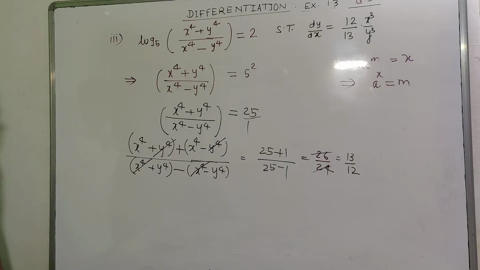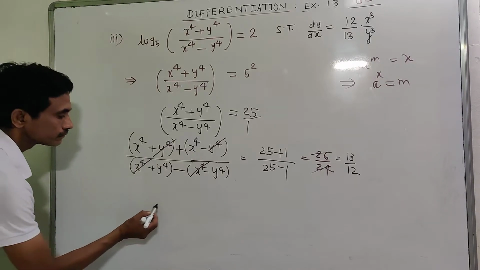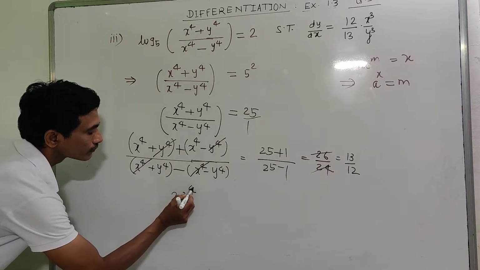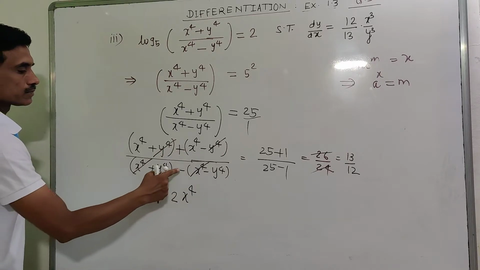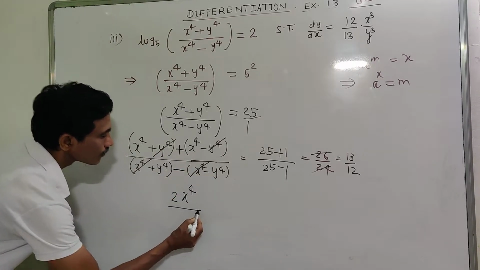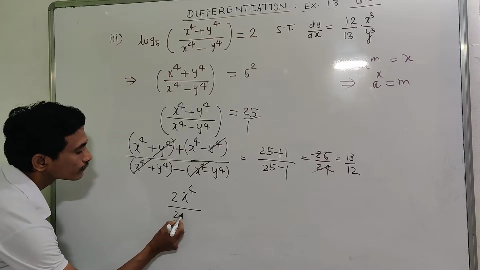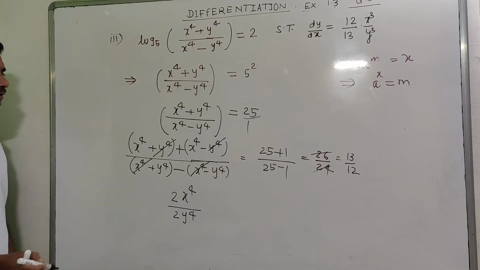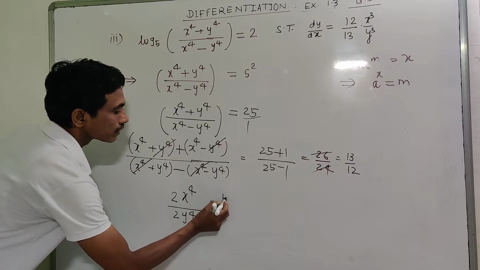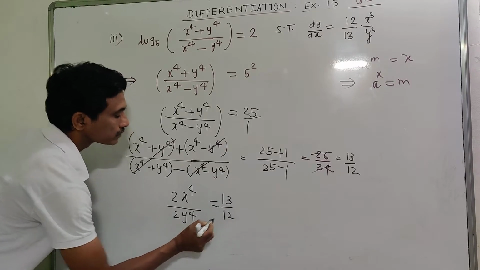What is our left hand side? 2x to the power 4, this minus will become plus 2y to the power 4 is equal to 13 upon 12.